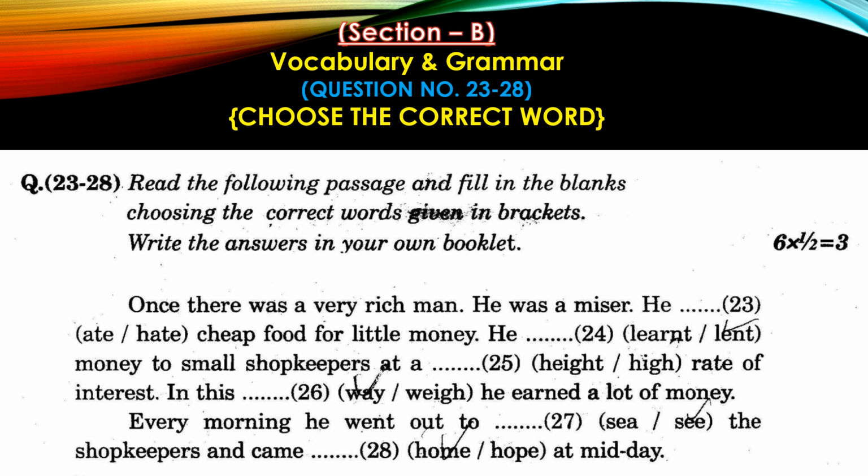For the 23rd question, after the first blank they mentioned 23, then in the bracket: ate, hate. In the 24th question: learned, lent. Likewise, up to question 28, 2 options are given after the blank.